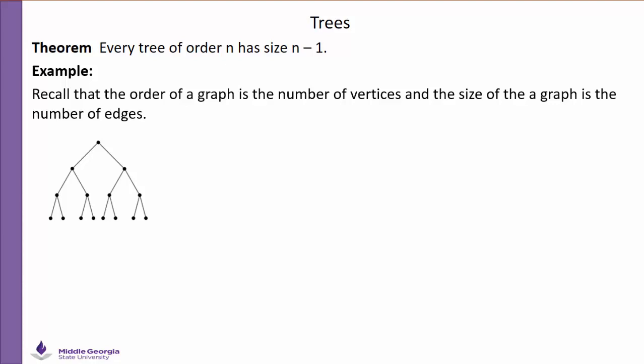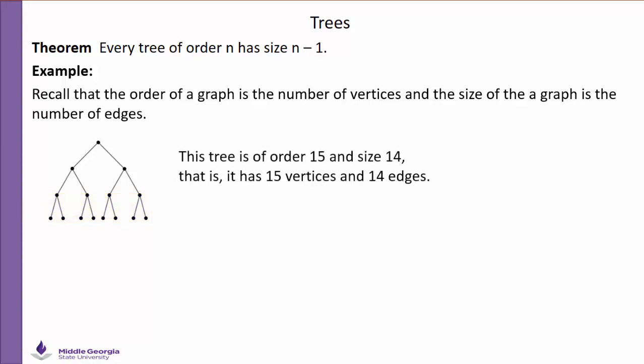And if we count the number of edges starting at the top, in the top row there are 2, and then in the middle row, there are 4, 2 and 4 are 6, and across the last row, there are 8. 8 and 6 are 14. So this tree is of order 15 and size 14. That is, it has 15 vertices and 14 edges.